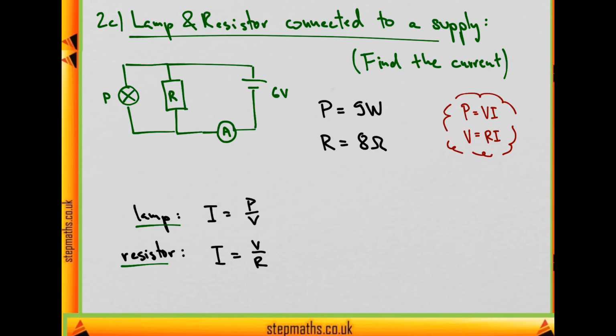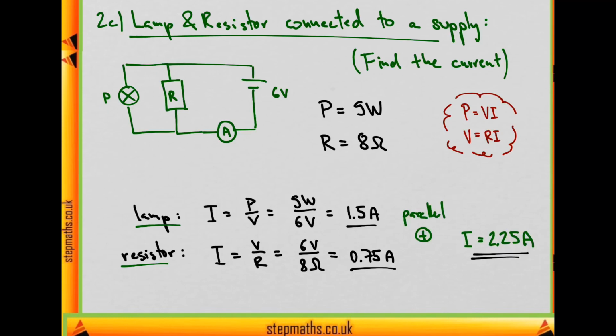So for the lamp, the current is power divided by voltage, the first formula, and for the resistor, it's voltage divided by resistance. And using the numbers provided, we see that current through the lamp is 1.5 amps, while the current through the other branch, through the resistor, is 0.75 amps. Now, what happens to current in two parallel branches when they then reconnect?